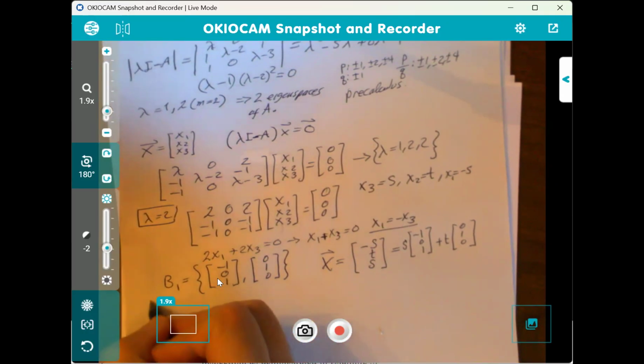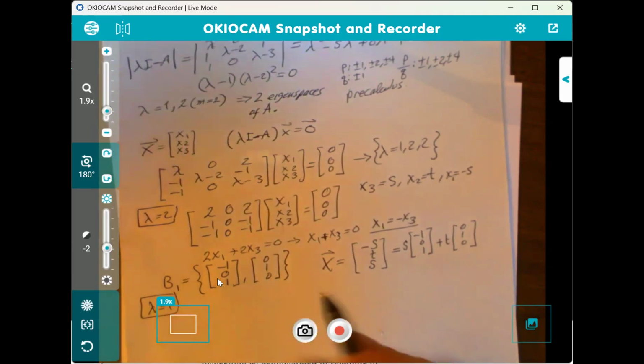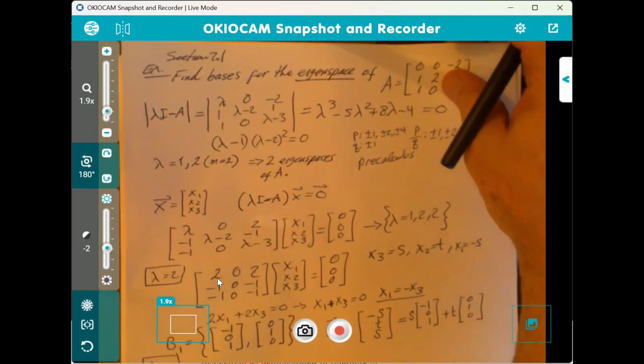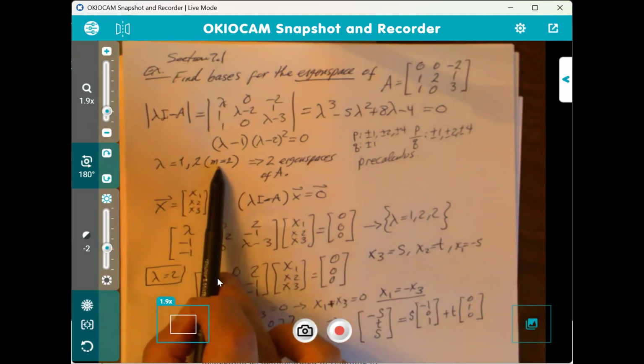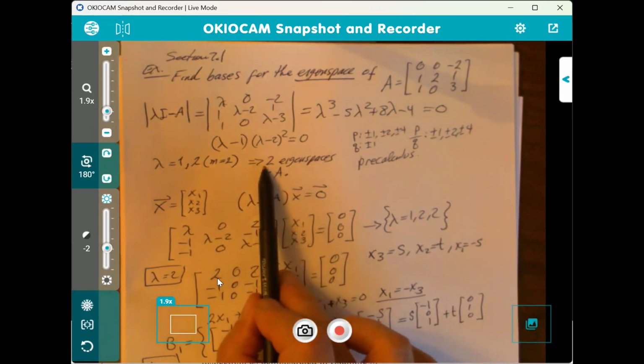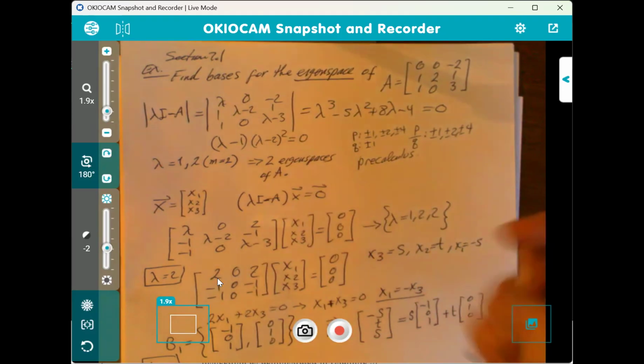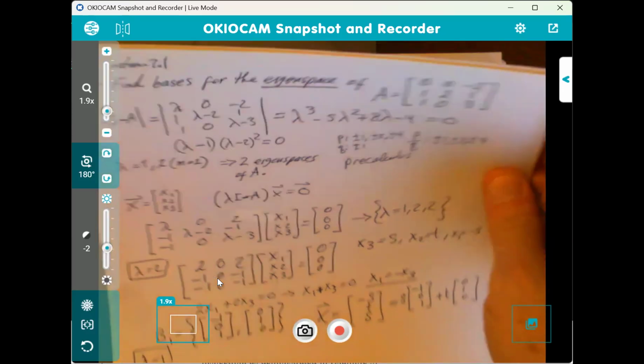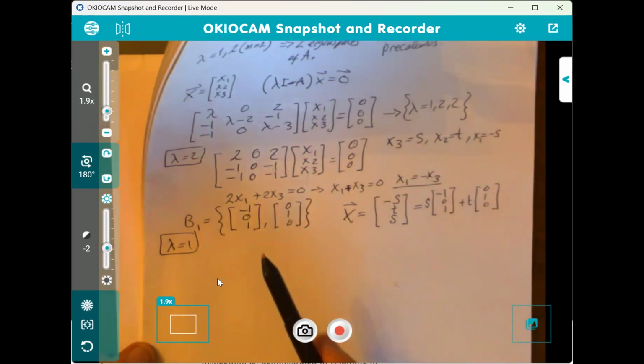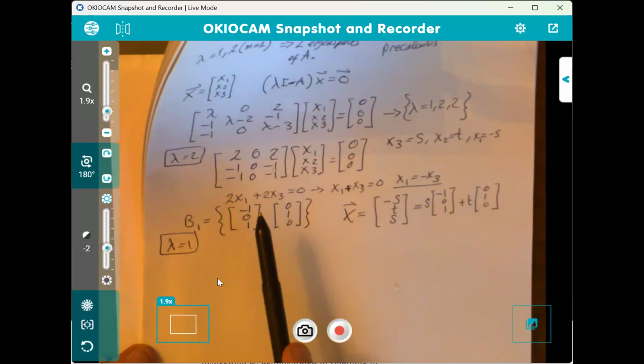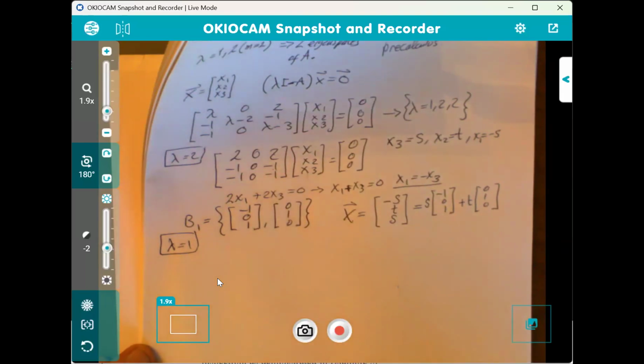When lambda is 1, and by the way, I want to show you something. Remember, lambda 2 had multiplicity of 2, so there are 2 eigenvectors for that one. Corresponding to lambda 2, because there's multiplicity of 2, we picked up 2 eigenvectors. If multiplicity, let's say, was 3, you pick up 3 eigenvectors.